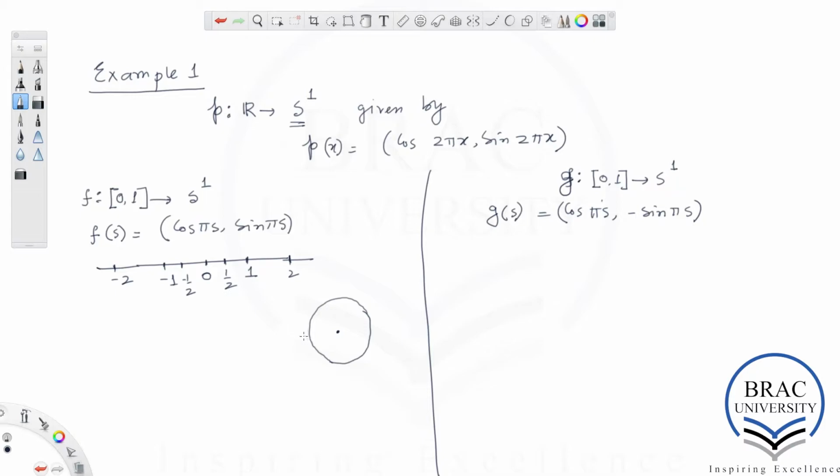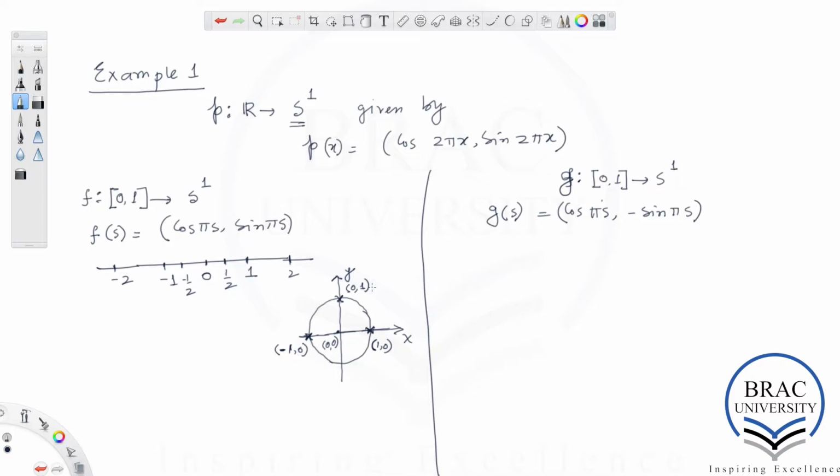This is the center. This point lies on the x-axis. Here is the y-axis. This is the origin of the coordinate system. This point is 1, 0, this point is negative 1, 0, and this point is 0, 1.